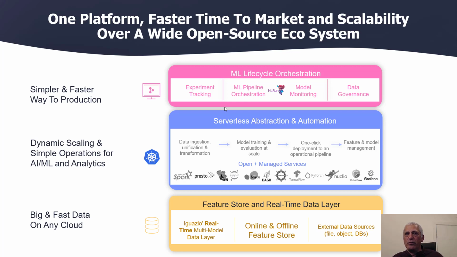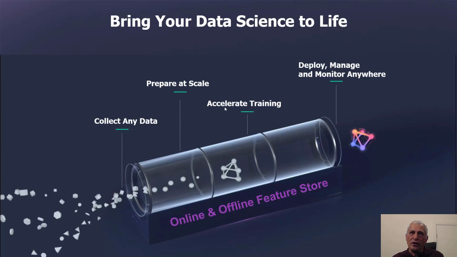So we've created a full stack where the essence of it is using open source tools, many tools that we've contributed to the open environment, like Nuclio and MLRun, but also the best of breed. You have machine learning tools, you have DevOps tools, MLOps tools like Kubeflow, you have Grafana dashboard, fully managed Jupyter, and so on. So this is really about making you focus on your application and your business.